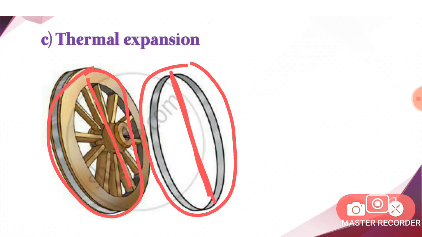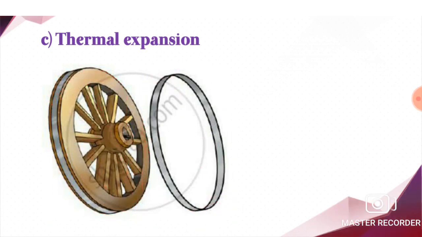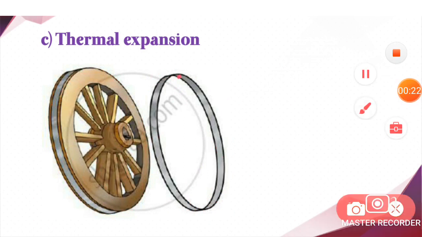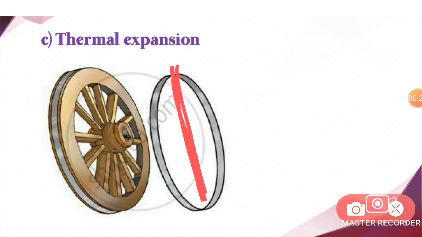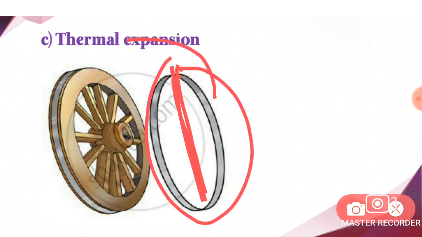Why? Because when the metal rim is heated, it becomes red hot and expands, and it slips easily onto the wheel. If you heat this metal rim, it expands, its size or diameter increases, right? Then we can easily fix it onto the cartwheel. But when it is cooled, it contracts, takes the shape of the cartwheel and gets fixed onto the wheel firmly. Understood? This is the best example of thermal expansion.